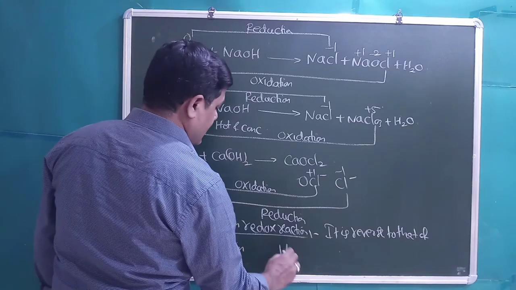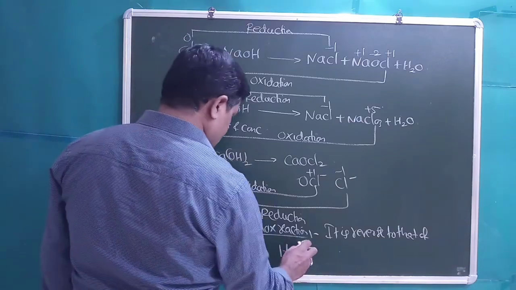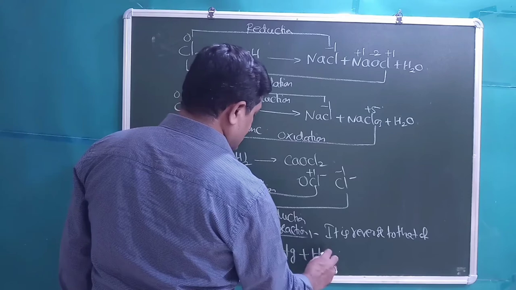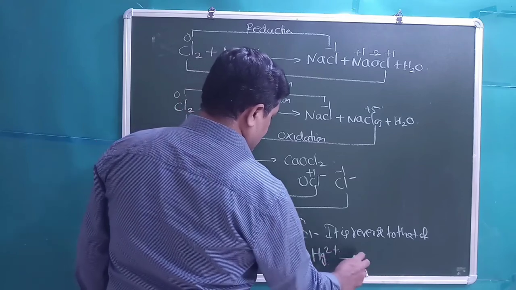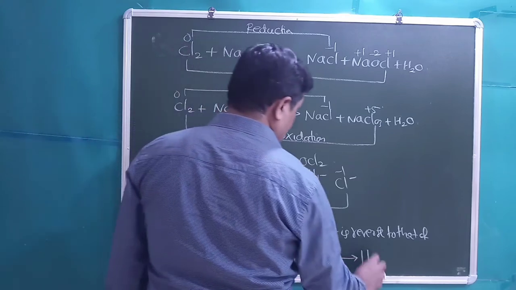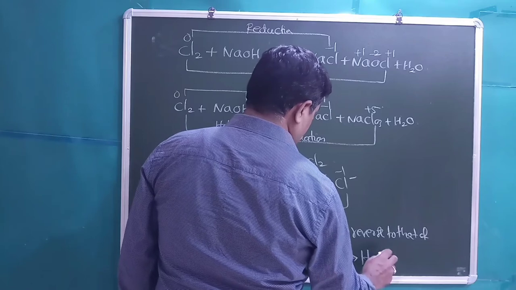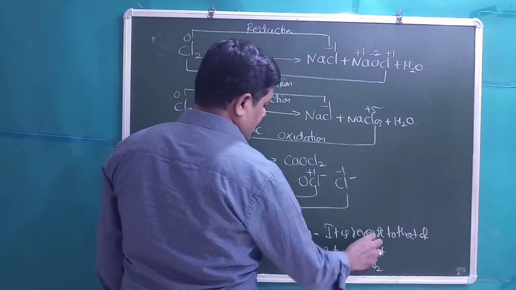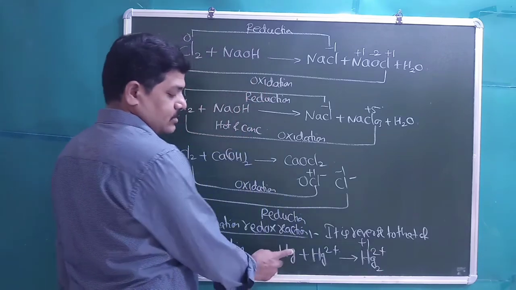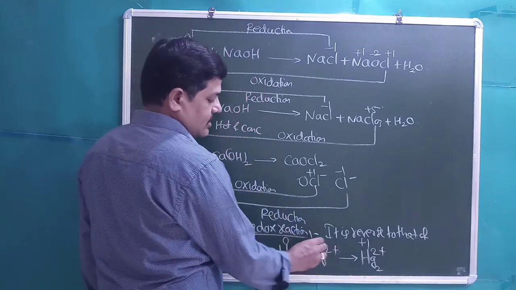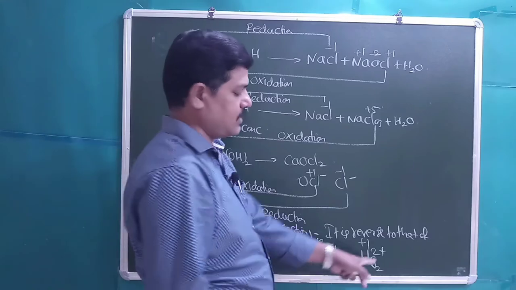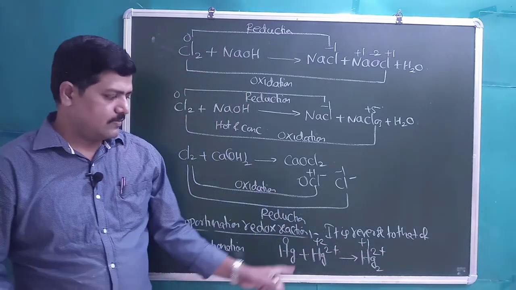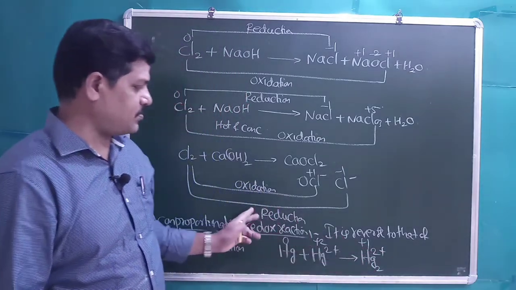That means the same element with two different oxidation states will give us the element with a single oxidation state, right? 0 and +2 are converting into the +1 oxidation state, which is the reverse of disproportionation.